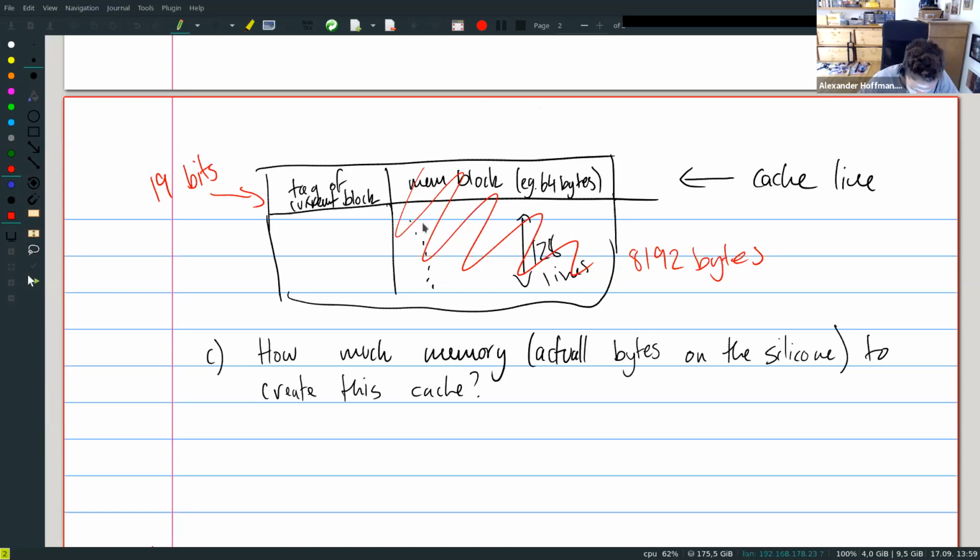So what storage, what actual bytes on the silicon, do we need to create this cache?